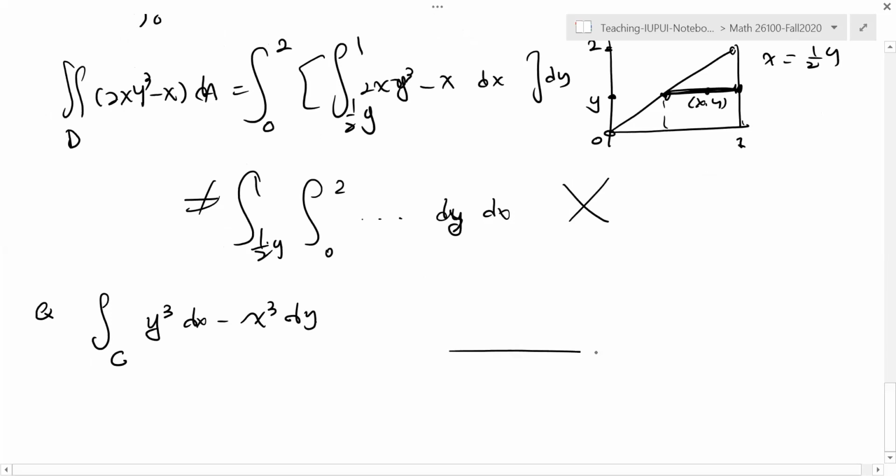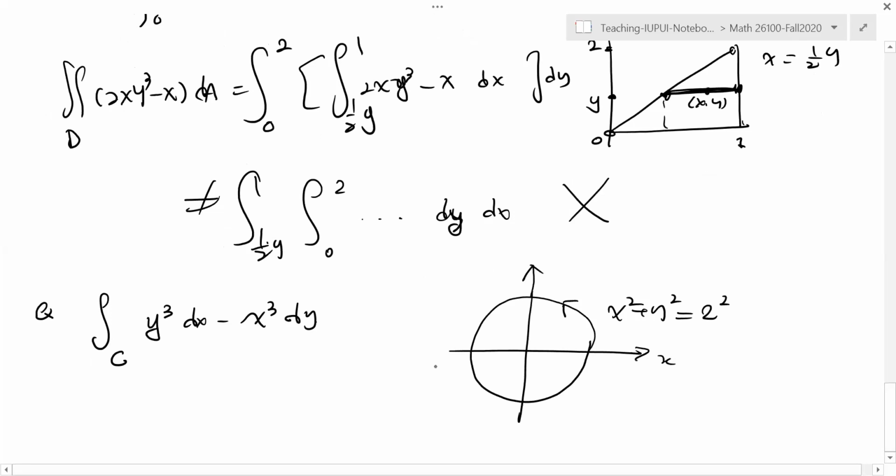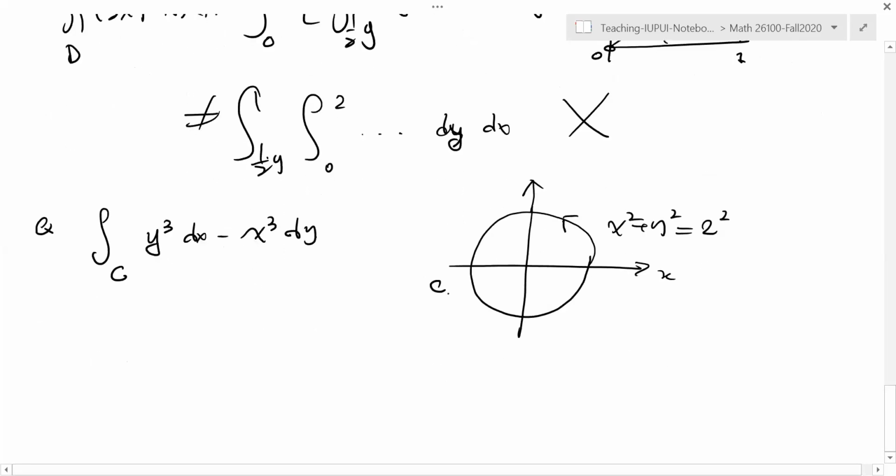So what is the curve? The curve is a circle with radius 2, so x squared plus y squared equals 2 squared. It's oriented in that direction. That's C. So it's a closed curve, and it's very natural to apply Green's theorem.